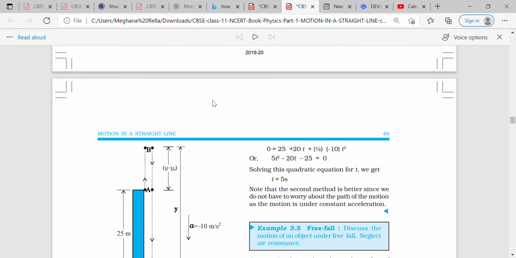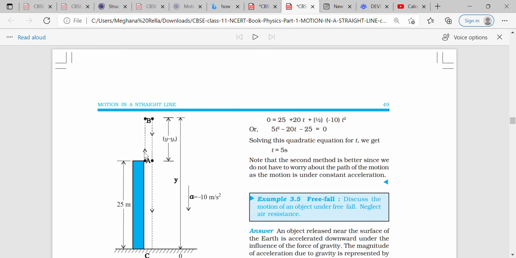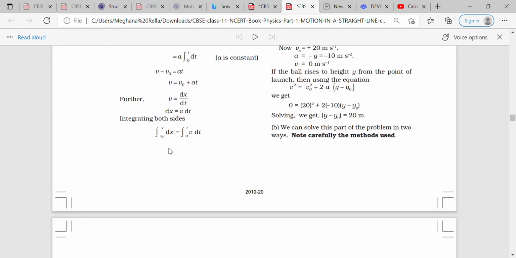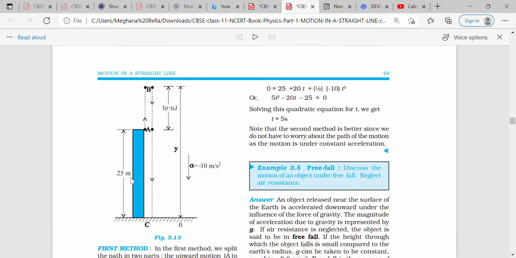So we know y naught is 25. This part we'll have to find out, and we know x, which is 20 meter per second. This is 20, so 20 plus 25 will be 45. 45 is the whole length.